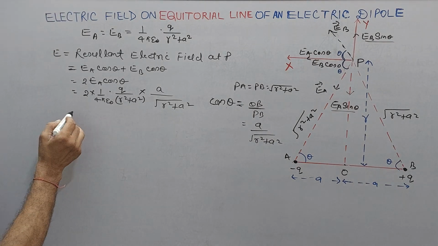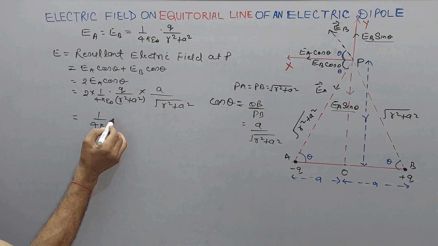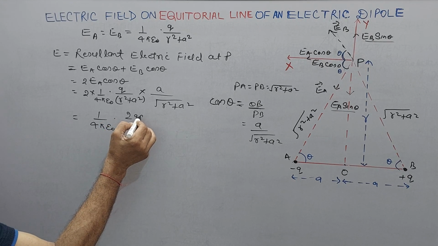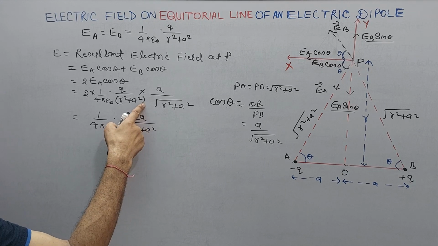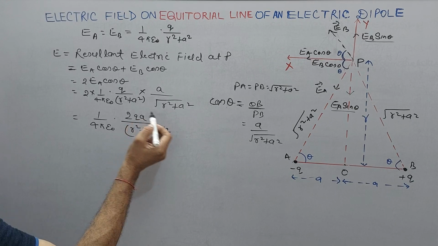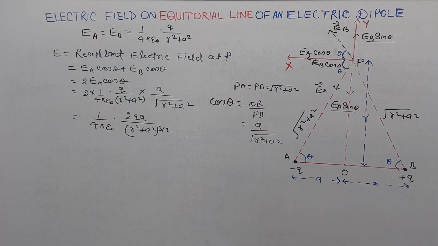Now on simplifying, this expression becomes 2qa divided by r square plus a square to the power 1/2 becomes 3/2, just adding the powers.